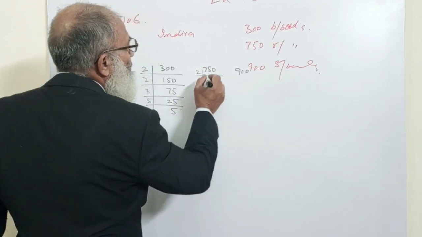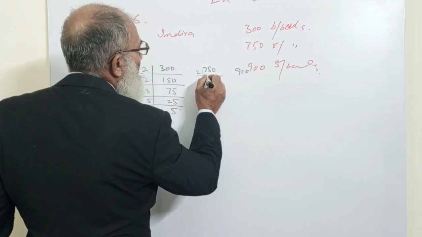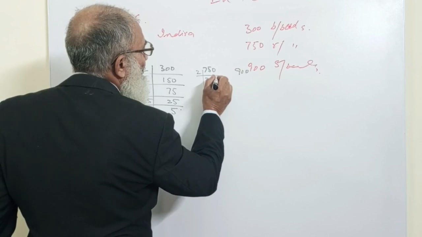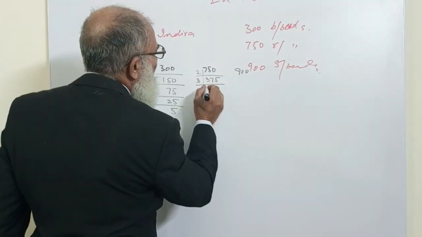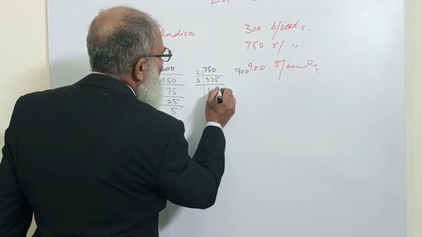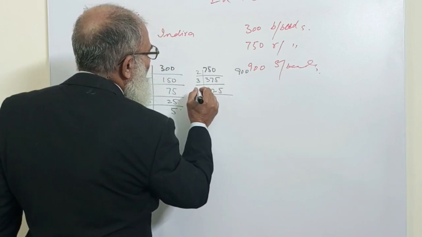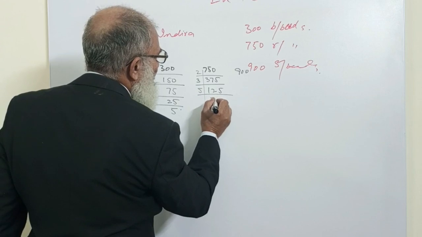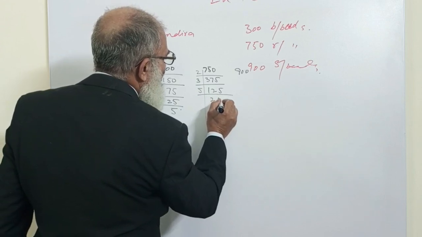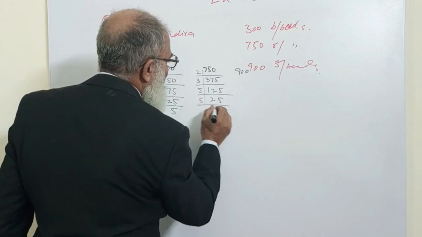And again for 750, 2, 375. 3 1s are 3, 3 2s are 6, 3 5s are 15. 5, 5 2s are 10, and 5 are 25, and 5, 5, 5, 5.